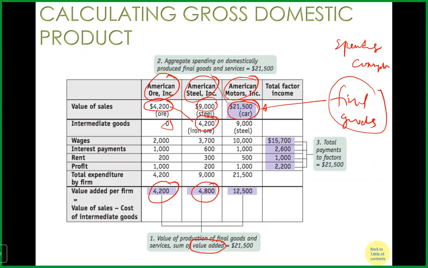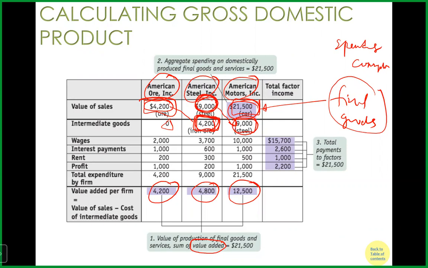Now the third firm, same thing. This is the car, but they used 9,000 of steel. So this is 12,500. Hopefully, from this example, you understand why we look at final goods or value added. Otherwise, if you look at the 9,000 here, you're going to count these things twice, and similarly you're going to count the steel twice.